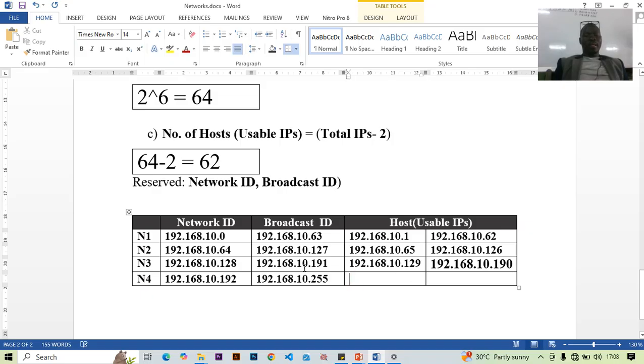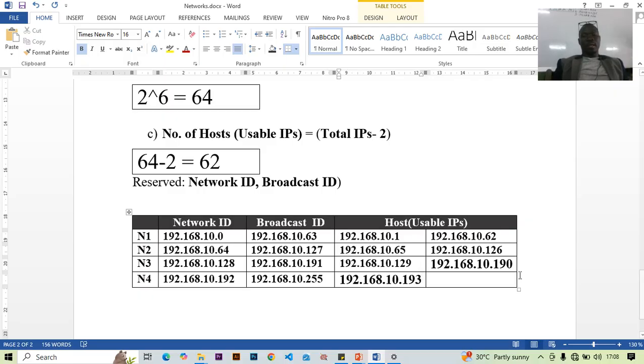Then for the last network, we copy that, and since the network ID for network 4 is 192, the first usable IP address will be 193, until finally the last one will be that dot 254.